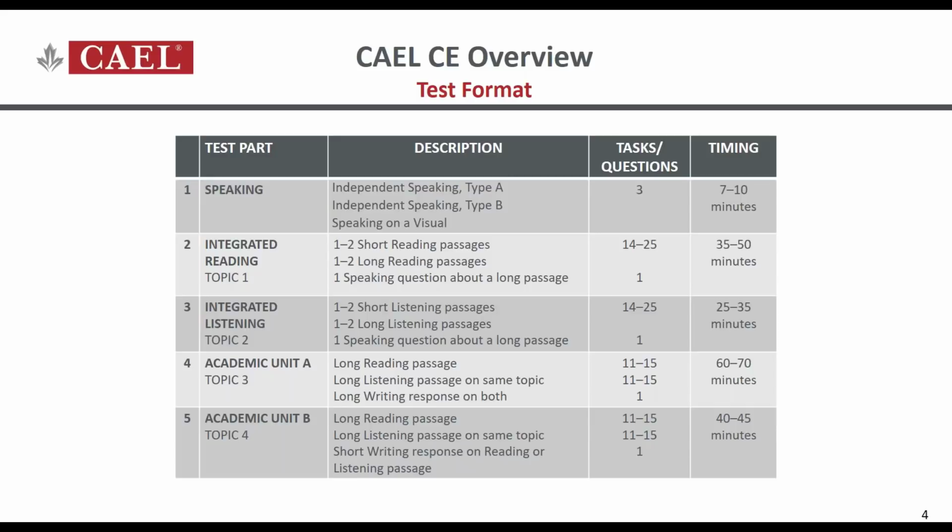So the tasks in each of the last 4 parts relate to the same topic. I'll show you what that means in a moment, but that's the general timing and number of questions that you will see in each part of the test. The part that we're focusing on today is just part 1, speaking, and that's going to cover 3 different speaking types and only speaking. There is no writing or reading question types in part 1.